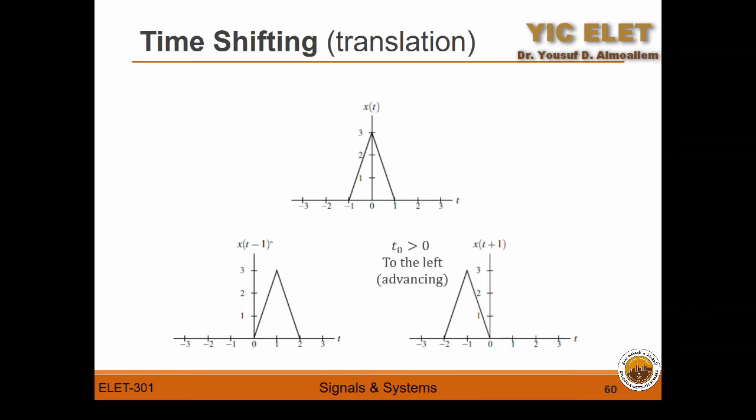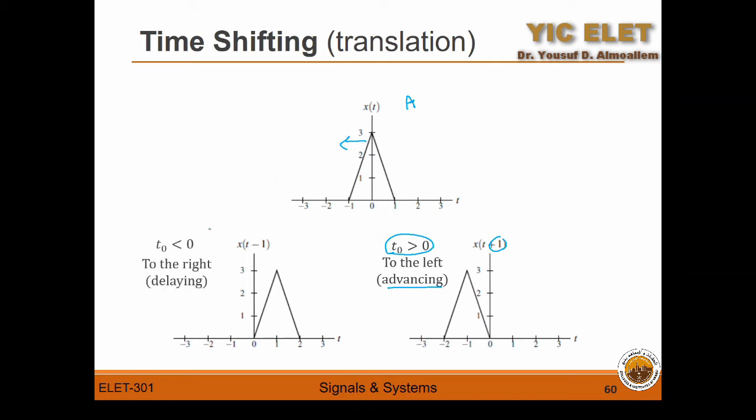Now here are the examples. So this is the original signal. If t naught were positive, as you can see here, t plus 1, we are shifting to the left, and this is called advancing.